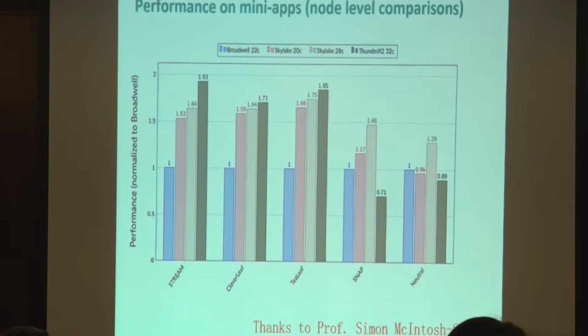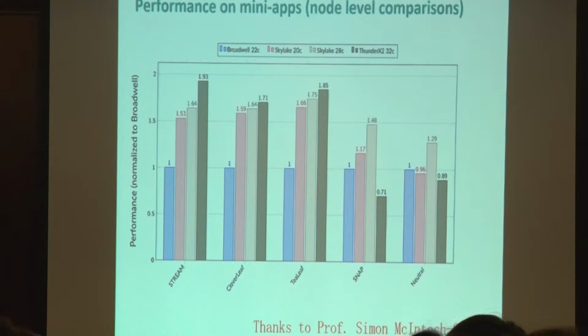I got these slides from Professor Simon. Before I give you the performance graph, everything is normalized to Broadwell, so the higher the bar, the better the performance. You can see that because the ARM processor has higher bandwidth, for Stream you get better results, as for many apps.